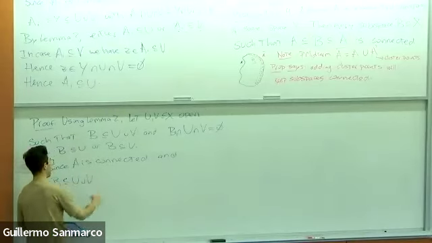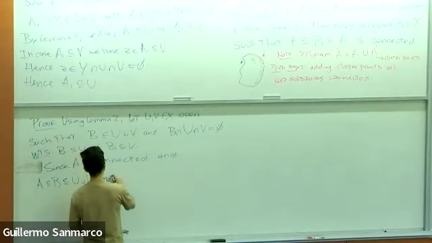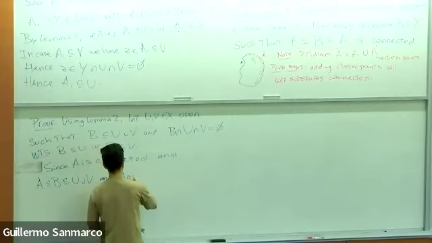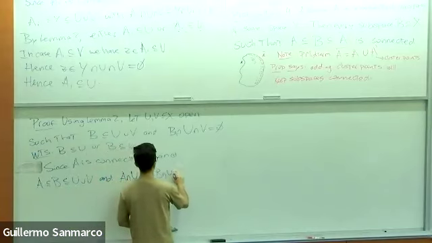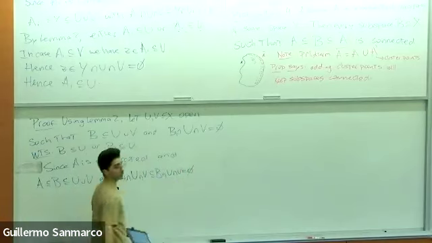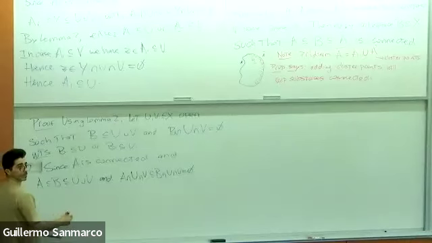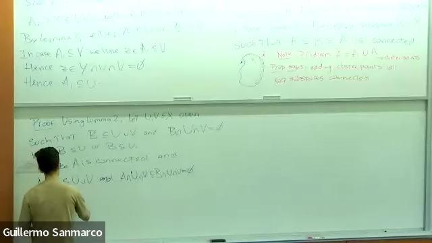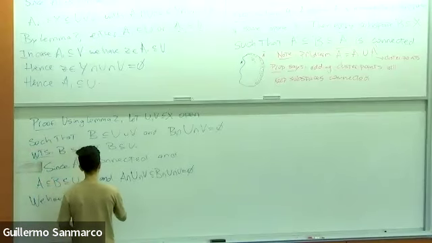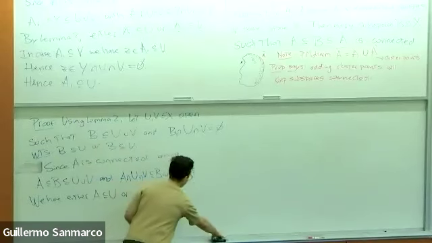So A is a subset of V, so it's a subset of the union, and the intersection gets smaller, right? In this case, we have either A inside of U or A inside of V by our lemma.